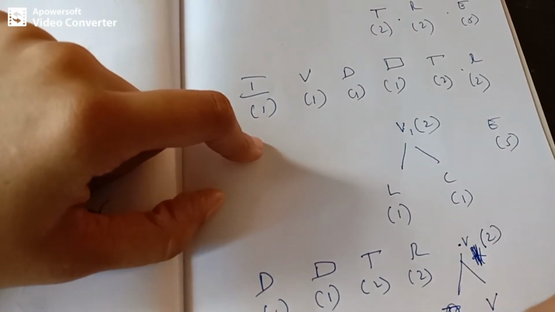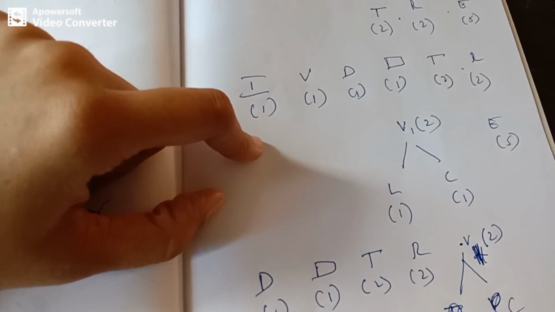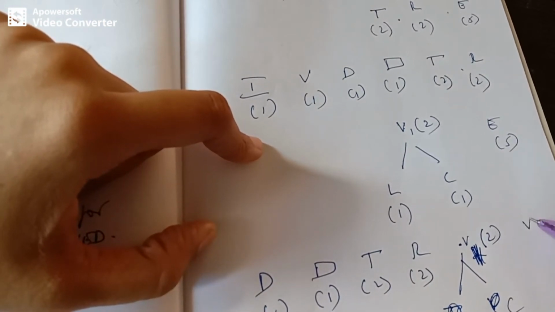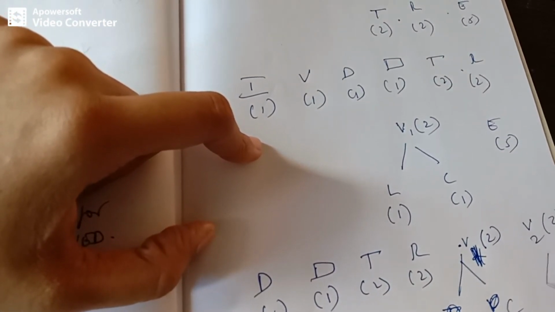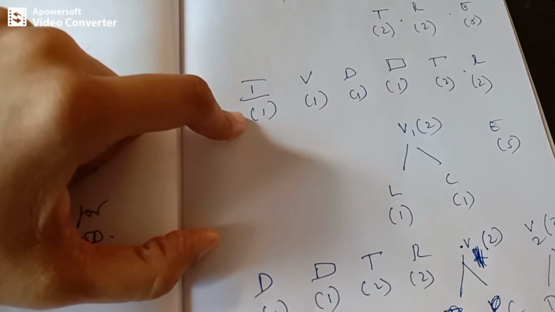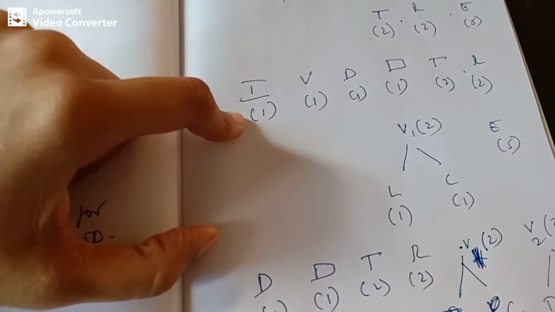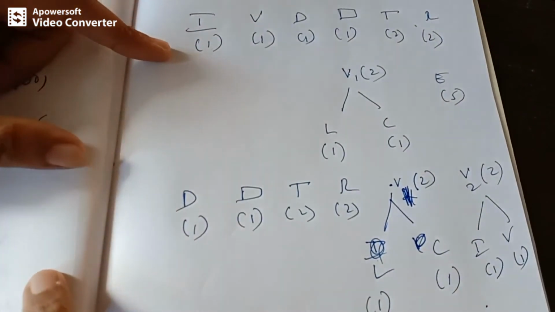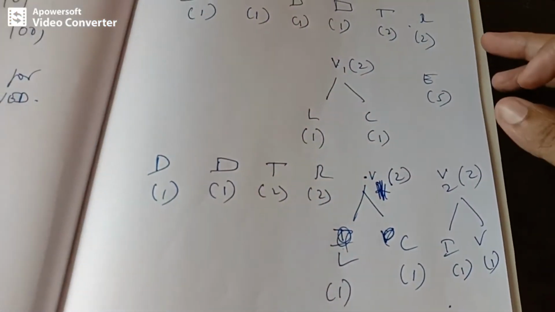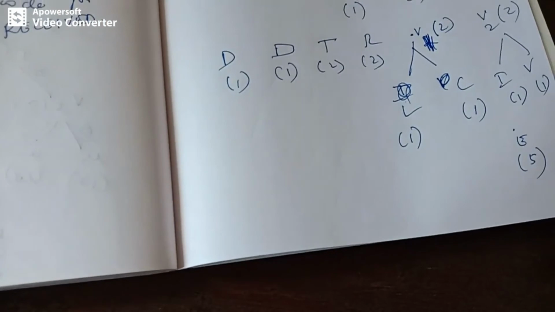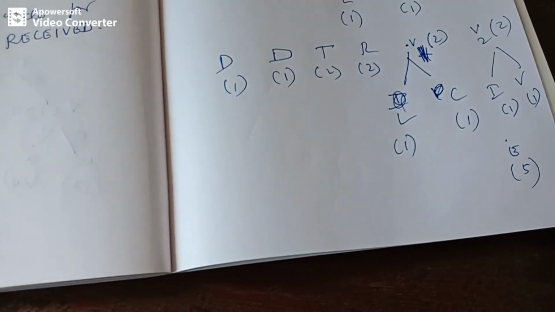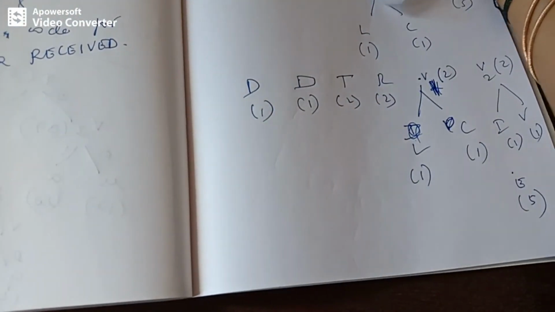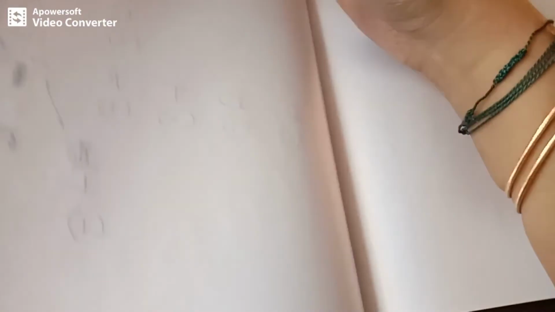It's my wish. So L and C. Anyhow, you can write it. It's not that this is the way I have to arrange. No, anyhow, you can arrange this. Next, I'll be having E with its weight 5. Don't forget to include all the nodes here with all the frequencies. Like that, go on constructing a tree.